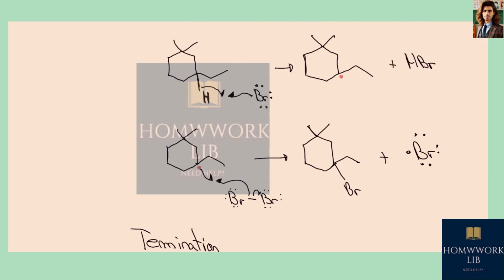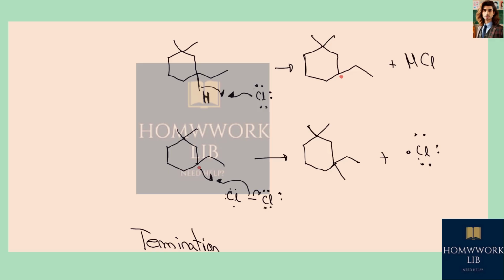I just realized that I was writing down the mechanism with Br since it is more common to use bromine instead of chlorine. So over here, let me just replace all of the bromine atoms. This should be all chlorine atoms, of course. Chlorine, HCl, chlorine, chlorine, and chlorine.